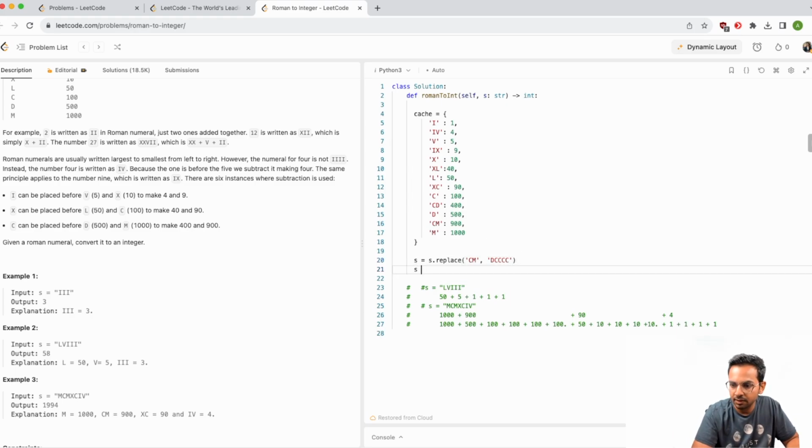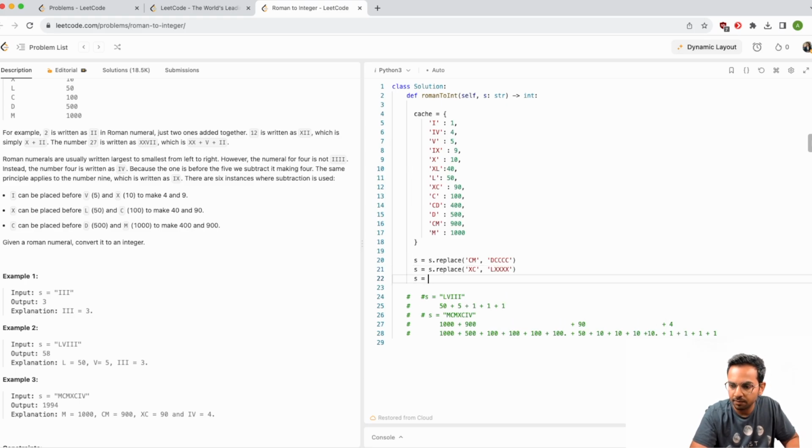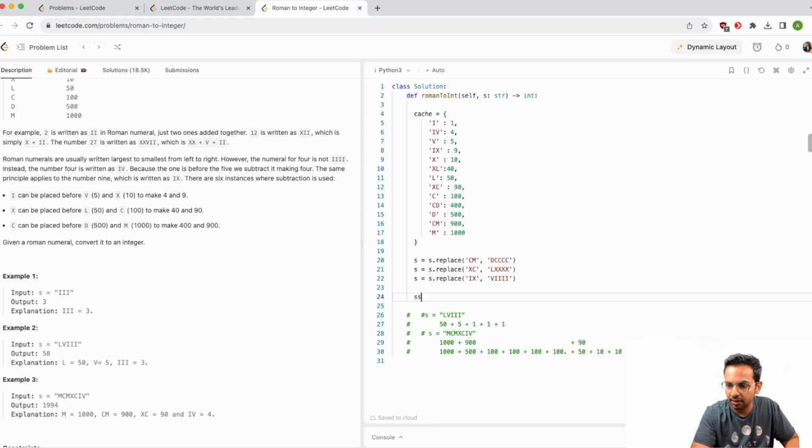Then s is equal to s dot replace XC, which will be replaced by L and X, so L X X X X. Then s dot replace IX, which will now be replaced by V I. That takes care of all the 9s.